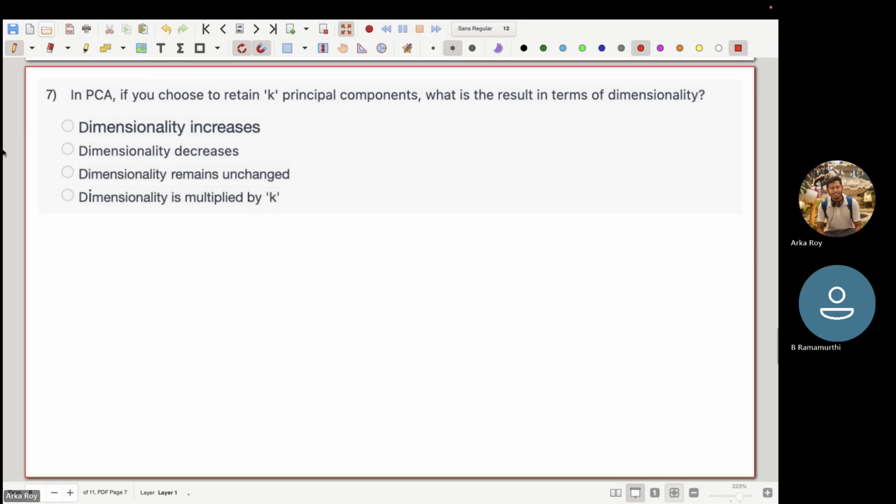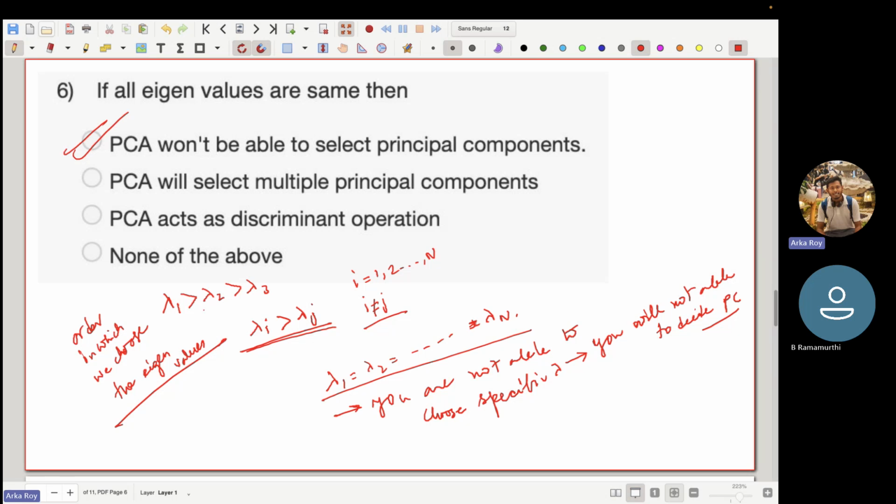Okay. In the next question, it states that in PCA, you choose to retain K principal components. As we have already said, let's say you have 3 principal components. In case of PCA, your main motive is to find out whichever principal component has the highest values, you will consider them and the rest you'll discard.